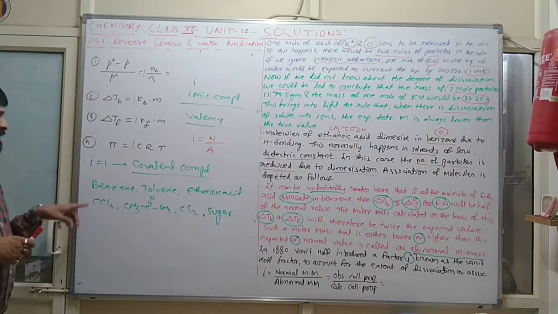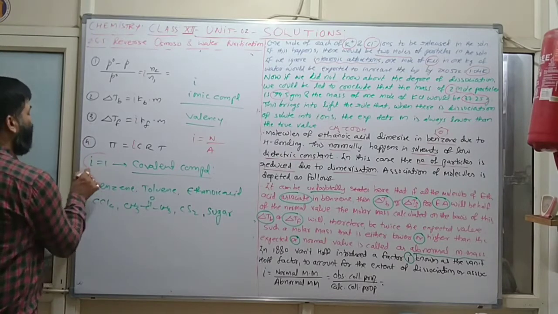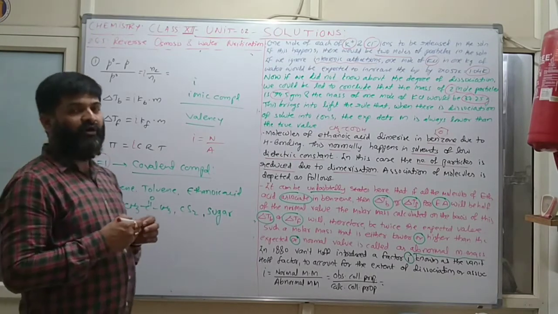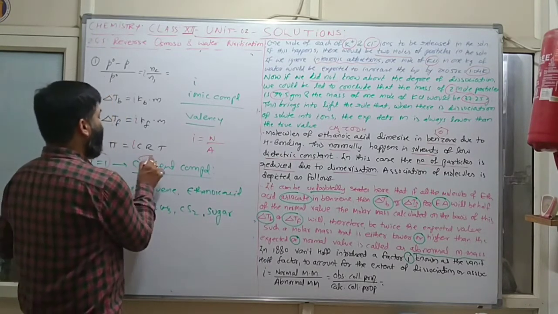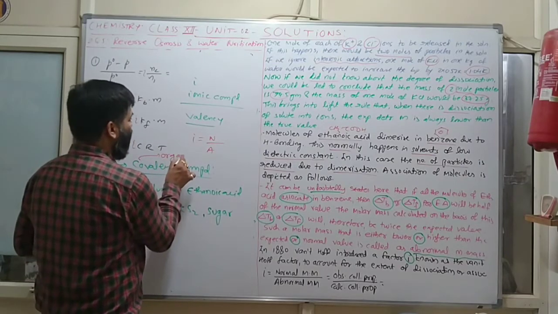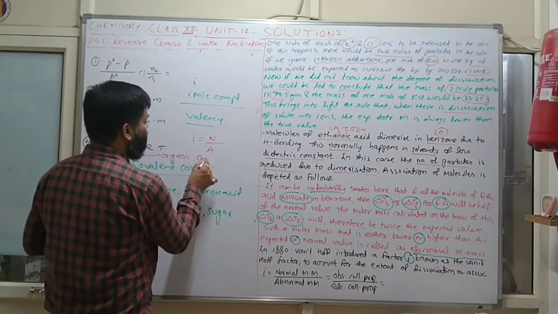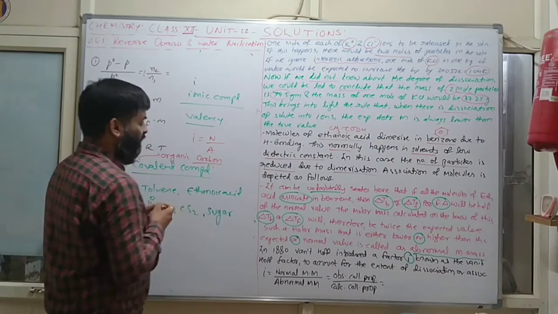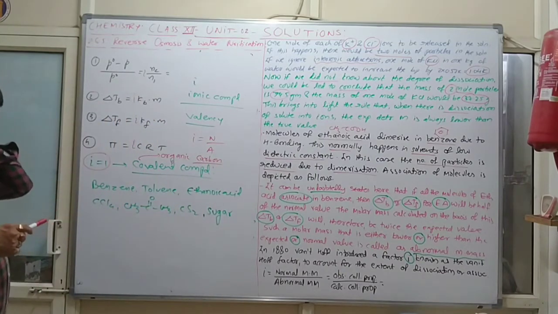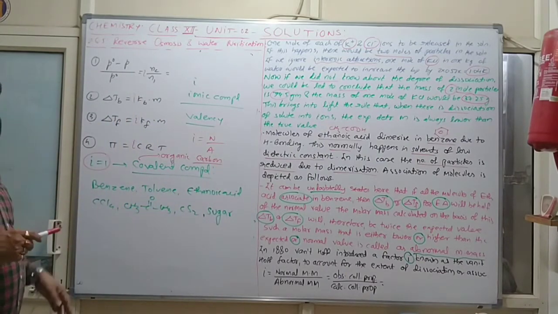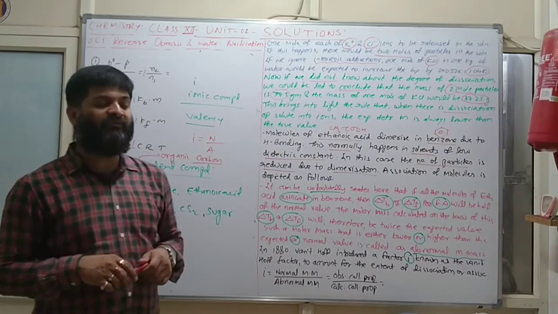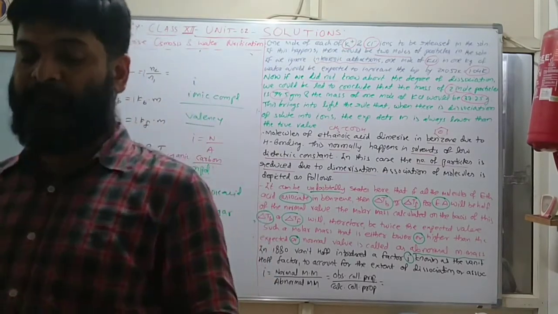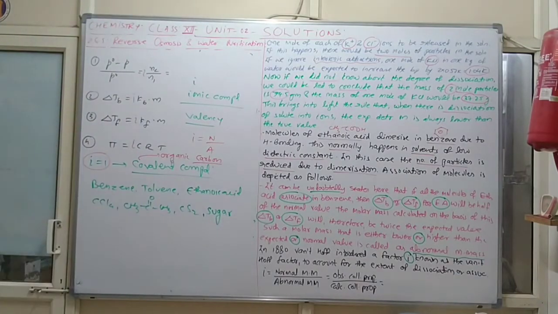So you have to remember that the i value is always 1 for all types of covalent compounds. Covalent compound means organic one. Organic means related with respect to carbon. And then calculation of the i value will be a little bit tricky in case of ionic compounds.